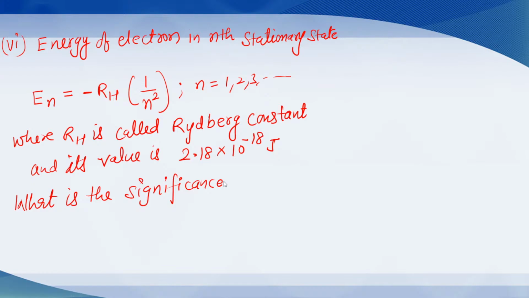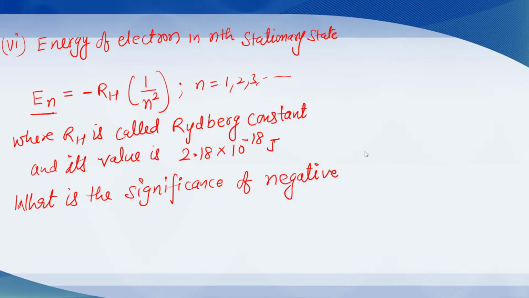When electron jumps from one level to another, or falls back from one level to another, it is the energy of the electron in the nth stationary state. So I come to that part, but first tell me what is the significance of negative sign before this expression.